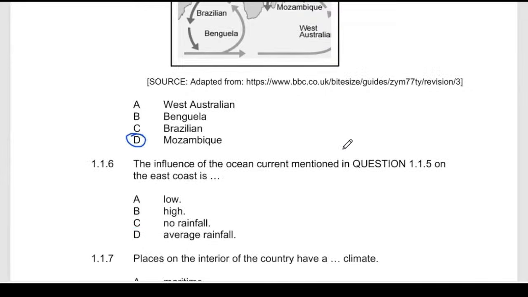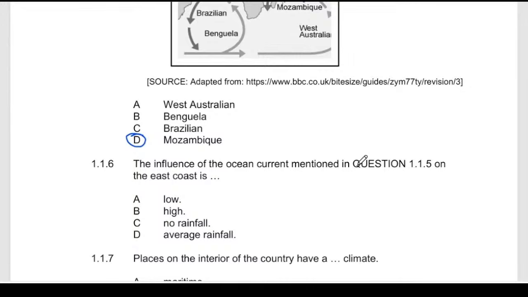Right. Number 116 says the influence of the ocean current mentioned in question 115 on the East Coast is. How does it influence the conditions over the Eastern Coast? The reason why we have drier conditions on the Western Coast and wet conditions on the Eastern Coast is because of the influence of these ocean currents, which are experienced on the two extreme coastal sides of South Africa.